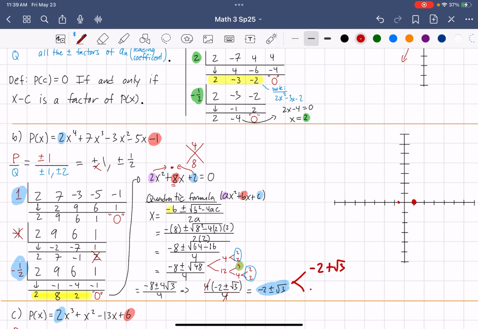And then it's negative 2 minus square root of 3. Now using a calculator, this is approximately 0.3. Sorry, negative 0.3.